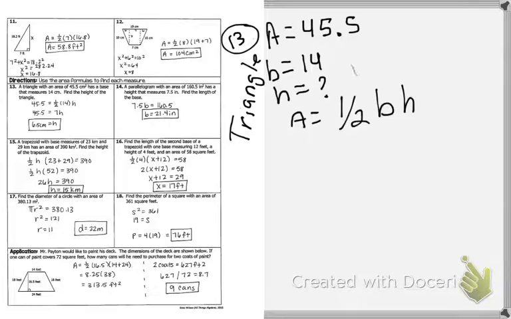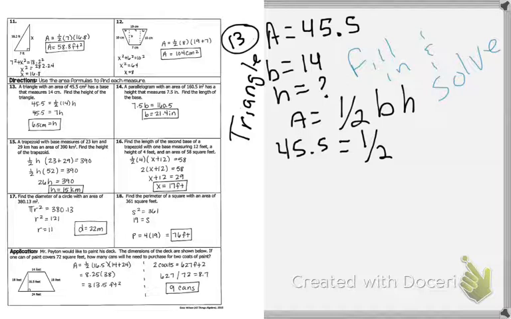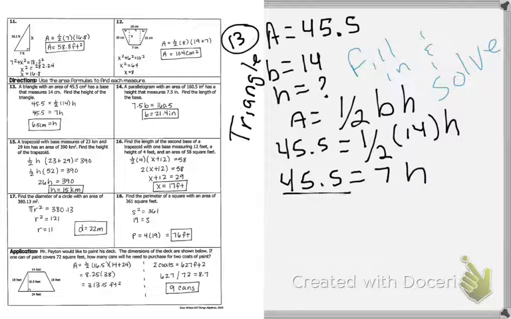We're going to fill in and solve. 45.5 equals 1/2 times 14 times the height, and as you can see by the work I already left you there, 45.5 is equal to 7 times the height, and then you divide by 7, leaving you with 6.5 centimeters as the height.